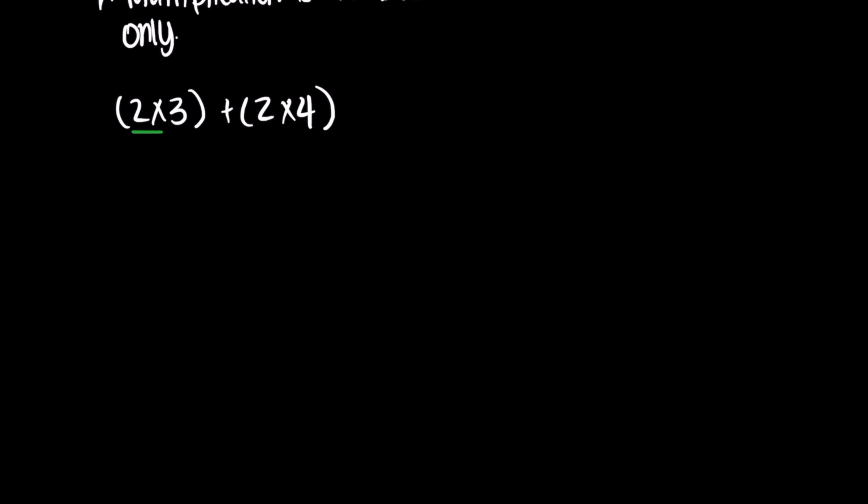It's 2, right? It's being multiplied by 3 and by 4 in each of the terms in the brackets. So we take out, or factor out, the 2, and that is being multiplied by open brackets 3 plus, remember we have to preserve the sign, 4 close brackets. And we're back to our original form.